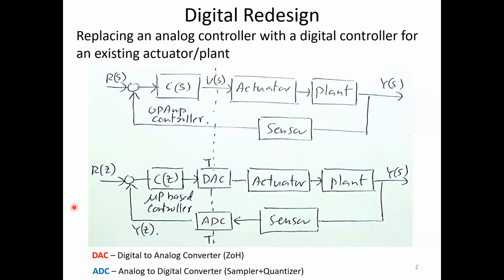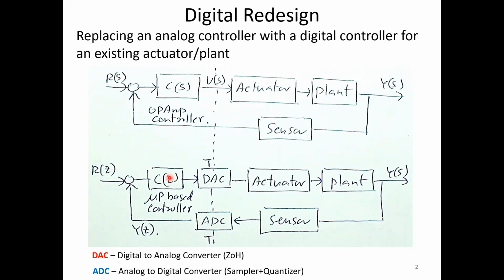In that case, at a certain time stamp, let's say now, you read the reference value, you read the response value. These are two samples. You get the difference between the two, and that is your error. That is given to the discrete time controller.